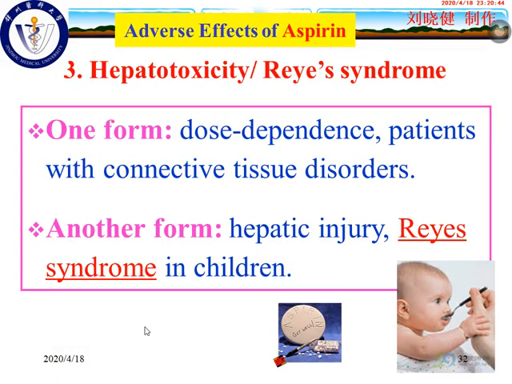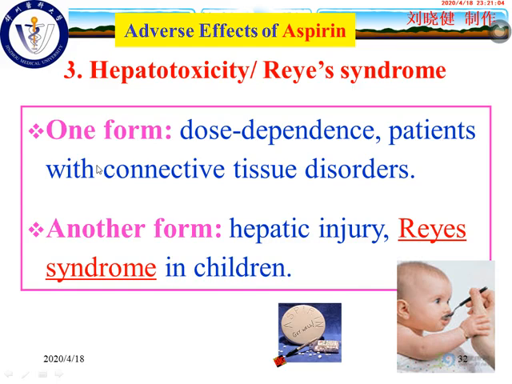The third adverse effect of aspirin is hepatotoxicity. Hepatotoxicity includes 2 forms. One form is dose-dependent, in patients with connective tissue disorders.